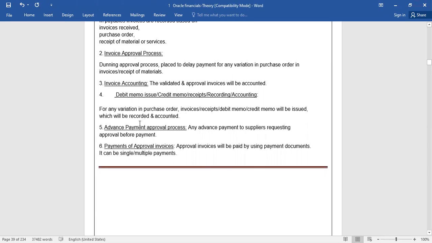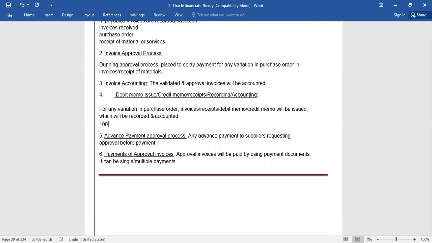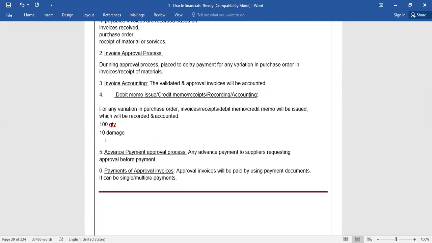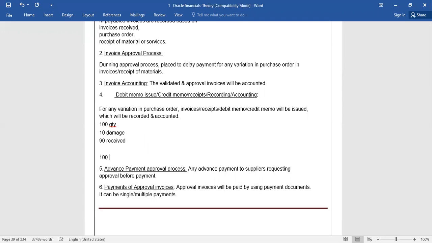Recorded. What is a debit memo, credit memo? In AP, suppose there are 100 quantity, and some are damaged, 90 received, 100 invoiced already.